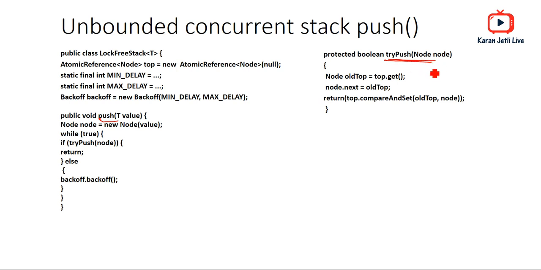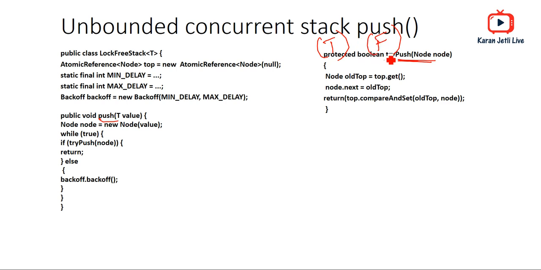If it is successful in pushing the element, then it will return true. If it is not successful in pushing the element to the stack, then it will return false, and it will wait for some time and try again until it is successful.